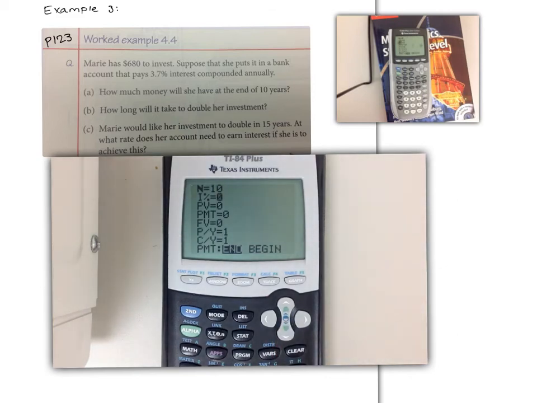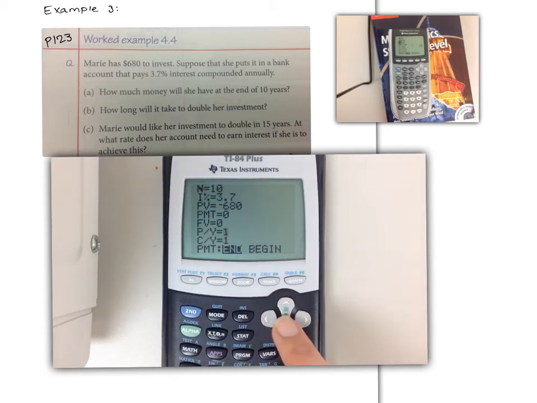So they say 3.7% interest, we enter 3.7. The present value is what she has now, but we always have to put it as a negative, negative 680. Payment, we're going to leave as 0. We're never going to touch that. Future value, we're going to leave for right now because that's what we're going to solve for in a minute.